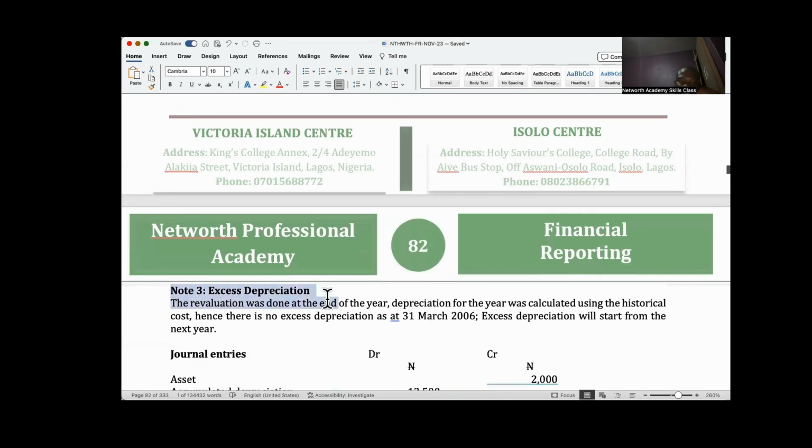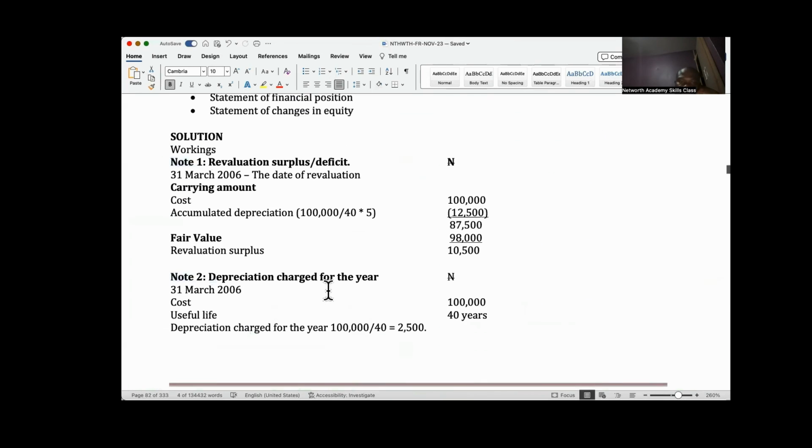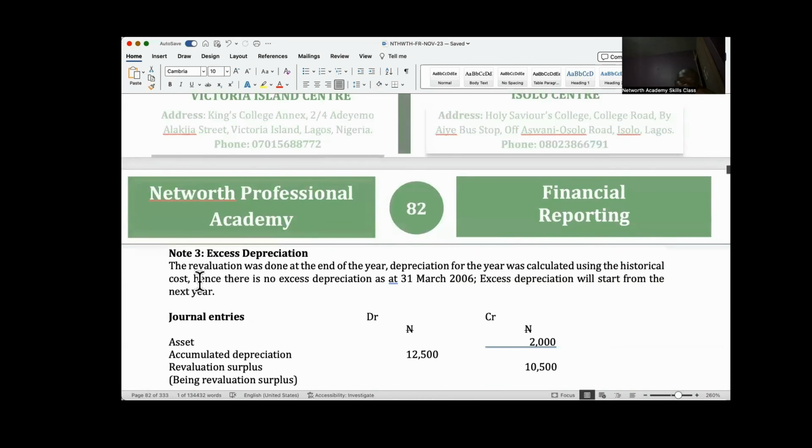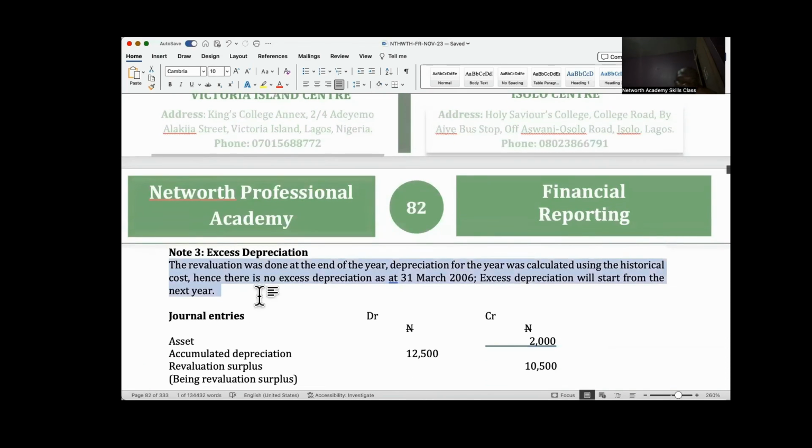Then what is my excess depreciation? Since this revaluation took place at the end of the year, there is no new depreciation yet. The depreciation for the year is still the old depreciation. So we don't have any excess depreciation for this year. There's nothing for excess depreciation.